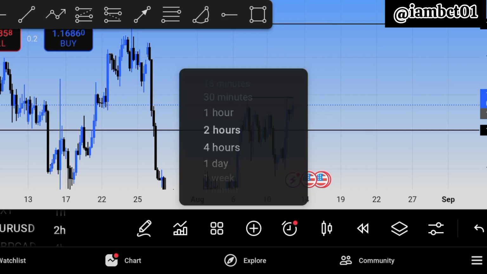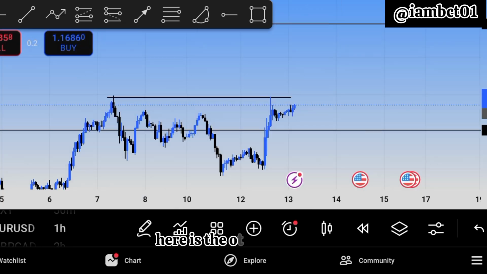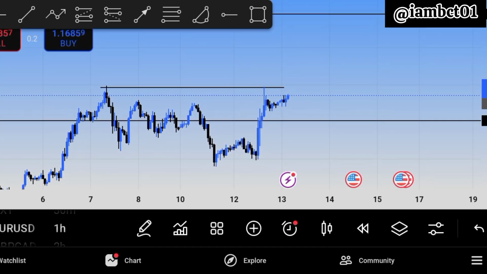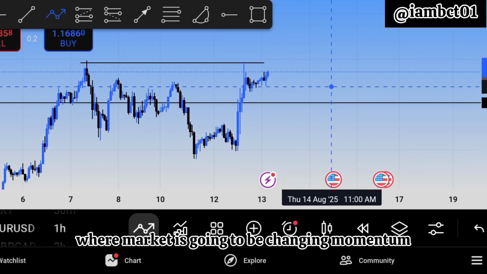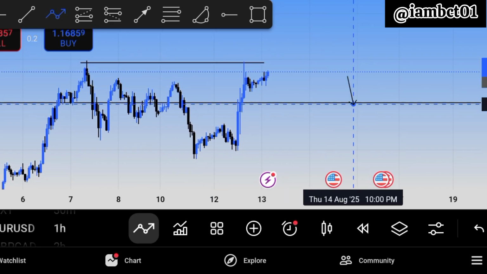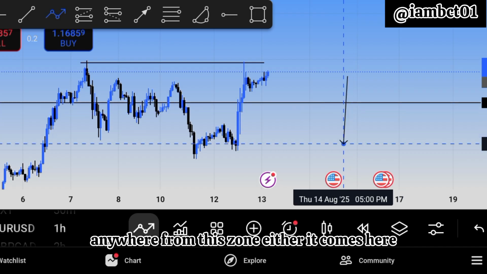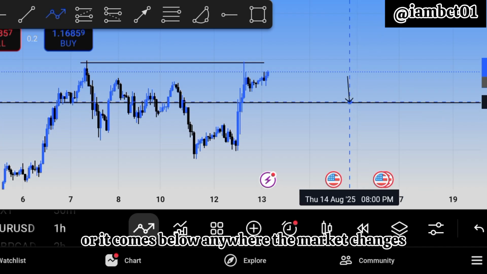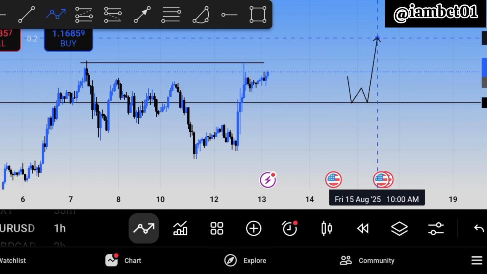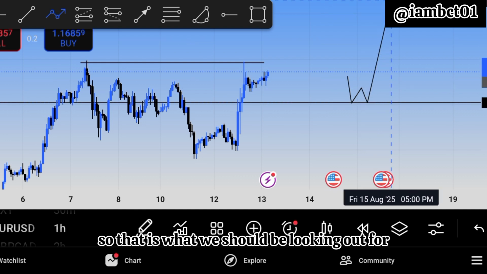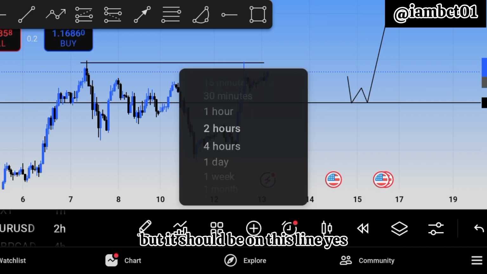Then here is the other block. If it closes above this place, we should be looking for where the market is going to change momentum, anywhere from this zone. Either it comes here or it comes below. Anywhere the market changes reaction positively to the upside, we are buying from there. So that is what we should be looking out for, but it should be on this line.